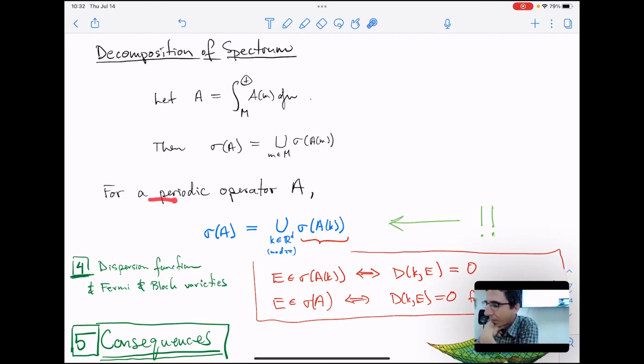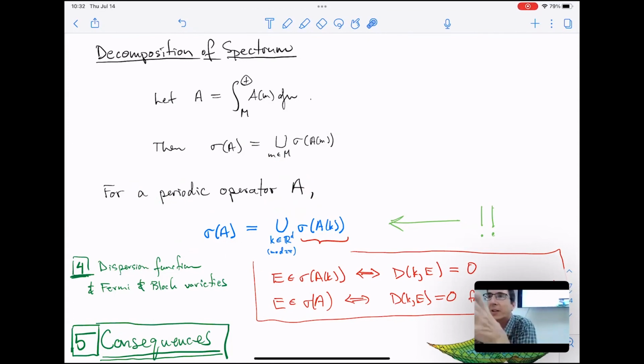And so for a periodic operator A, its spectrum is the union of the spectra of all of these projections of the Schrödinger operator on these quasi-periodic spaces.